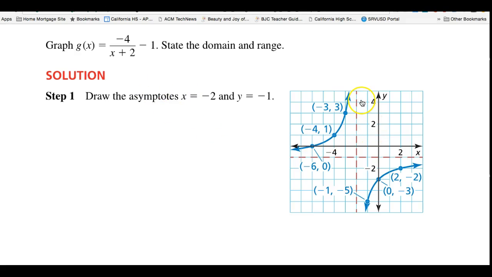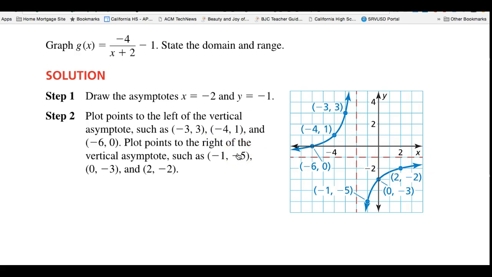So first thing we do, like we just showed, we have a horizontal and vertical asymptote. So our horizontal is at y equals -1, and our vertical is at x equals -2. For our points, we want to go to the left of -2. So we can pick -3, -4, -6, -5. For our points to the right, we want to pick -1, 0, 1, 2. These are going to give us our points.